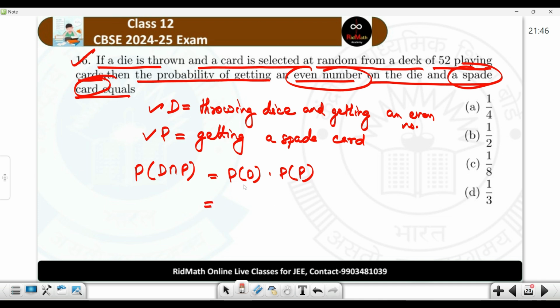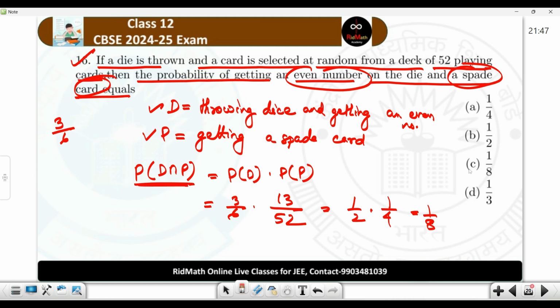Now this is P of D. So what is the probability of getting an even number? There are three even numbers, and the total number is 6, so that is 3 by 6 into 13 by 52. So this is 1 by 2 into 1 by 4, that means 1 by 8. So that means P of D intersection P is 1 by 8. So C option is correct. Next problem.